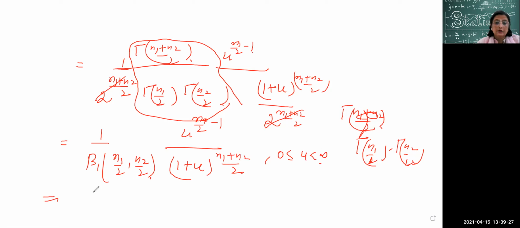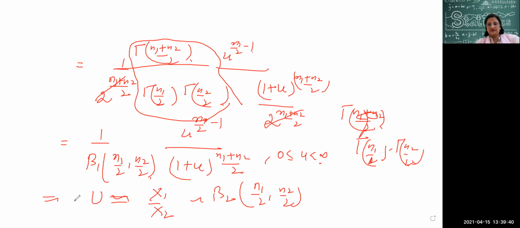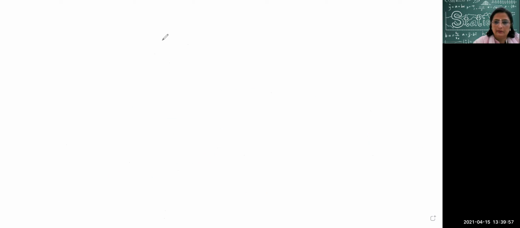It implies u, which means x1 by x2, follows beta distribution of second kind with parameters n1 by 2 and n2 by 2. So therefore, this is a beta distribution of second kind, or you can say that it is beta 2 variate. So this is the theorem number 1. Now we will do theorem number 2.